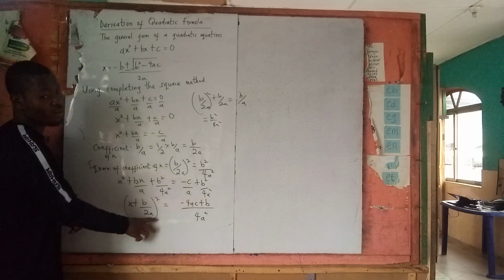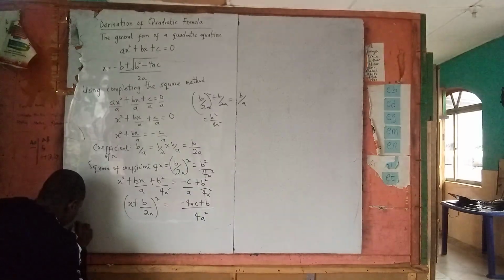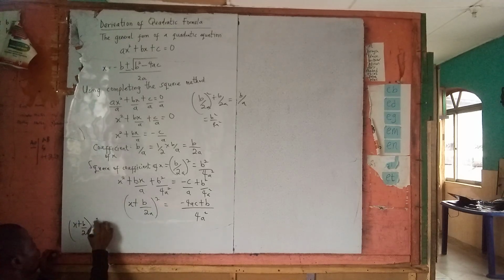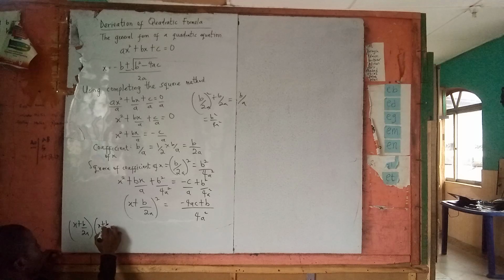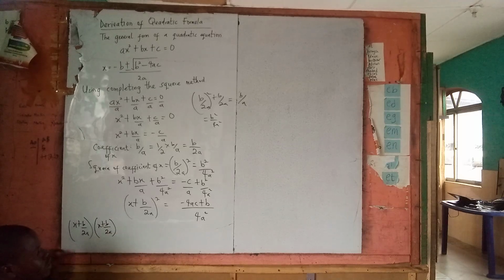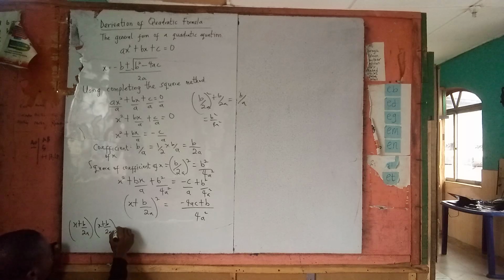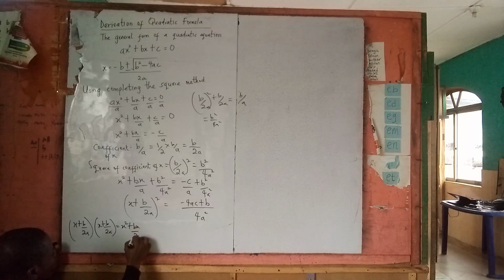When you open this bracket, you are going to have x plus b over 2a, bracket, x plus b over 2a. So to check if this will give us this value, x times x is what? x squared. x times b over 2a, that is plus bx over 2a, plus bx over 2a.